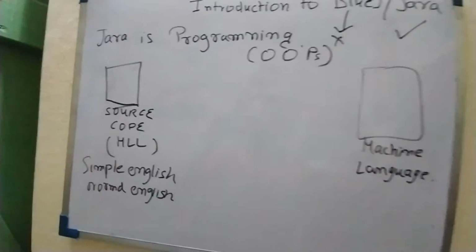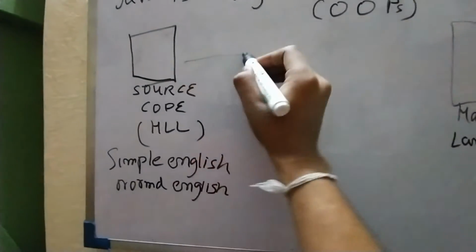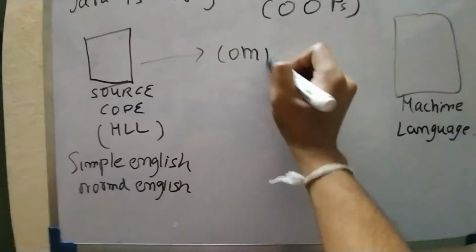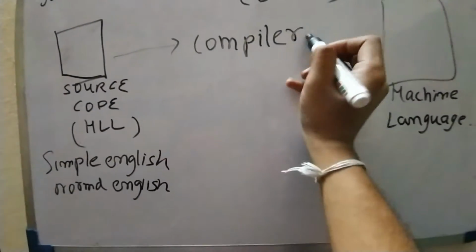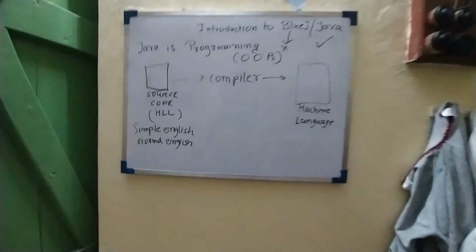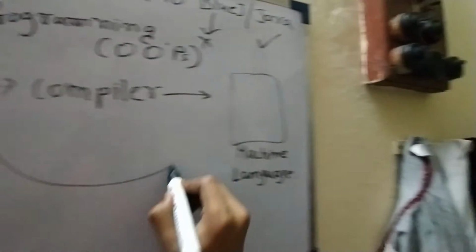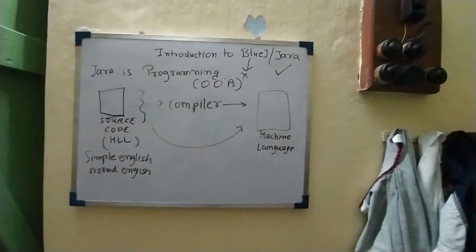Now, in order to convert a source code to machine language, we know we need a compiler. A compiler takes the entire source code at once and compiles it into machine language.